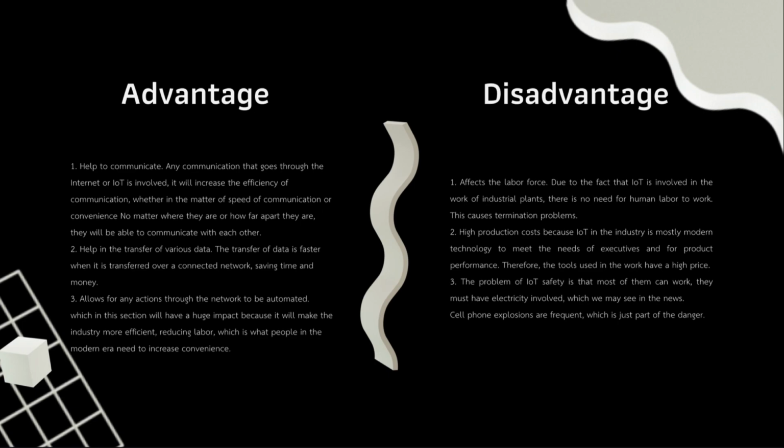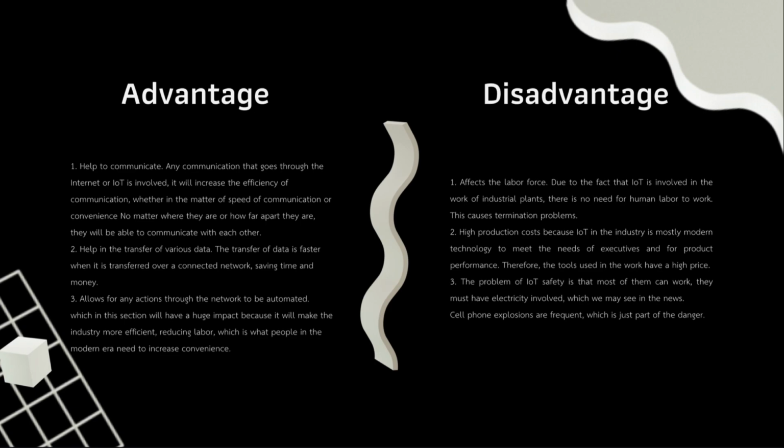They will be able to communicate with each other. Second, helping the transfer of wireless data. The transfer of data is faster when it is transferred over a connected network, saving time and money.